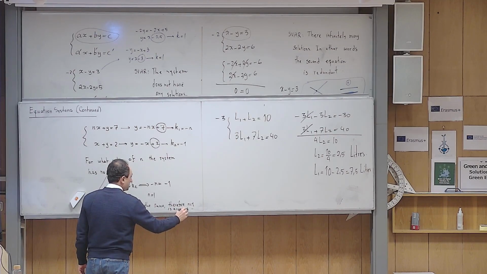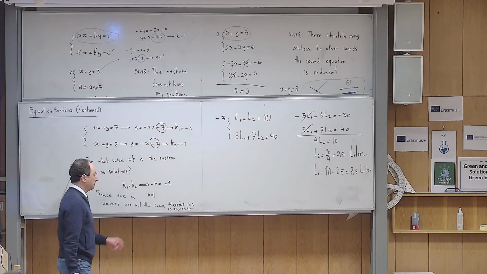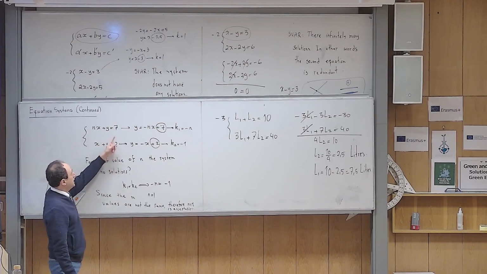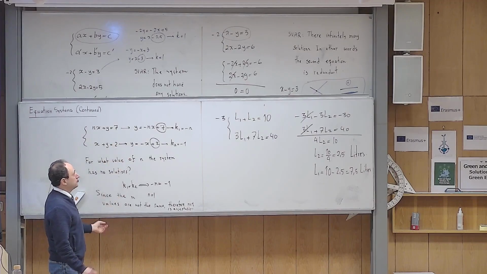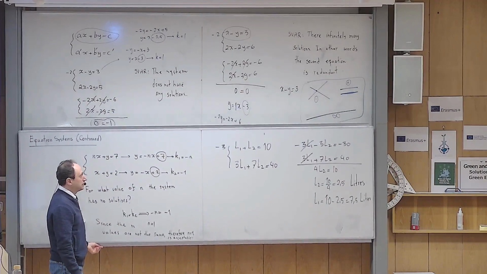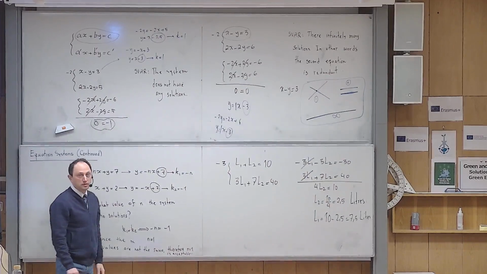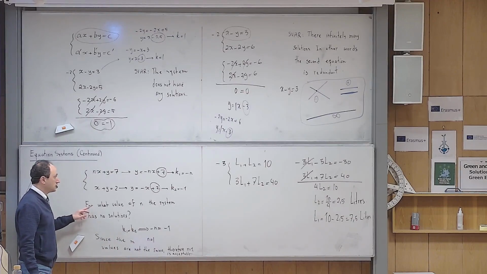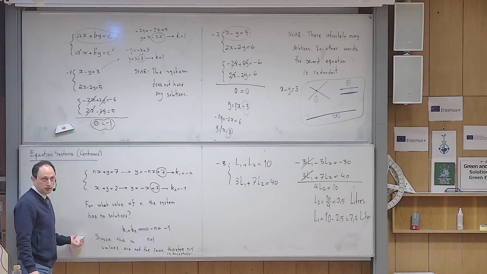Yes, because if n is equal to 1, the lines are parallel, but because m values are not the same, they cannot be on top of each other. They are really parallel. And if they are really parallel, how many solutions are there? 0. And that is exactly what the question is asking. Okay?